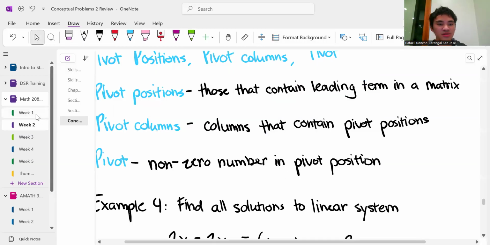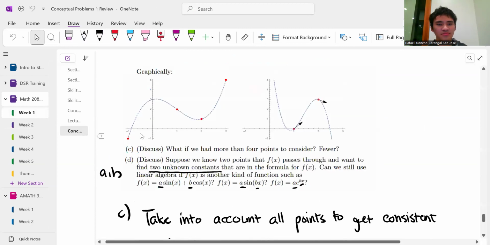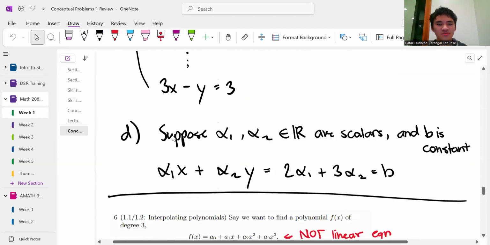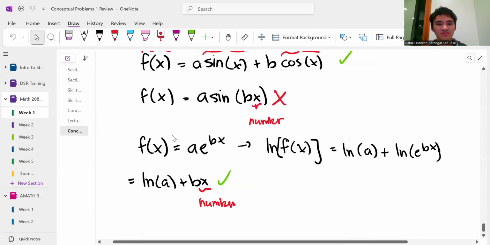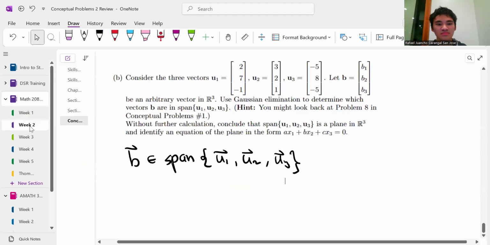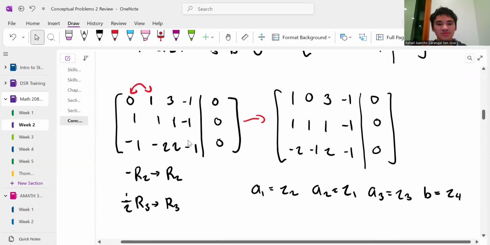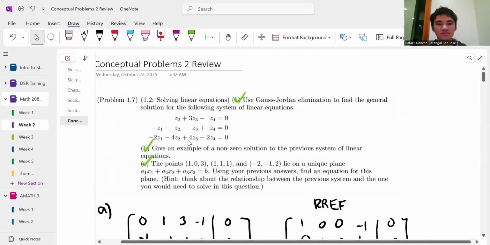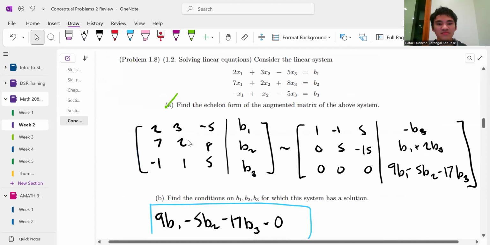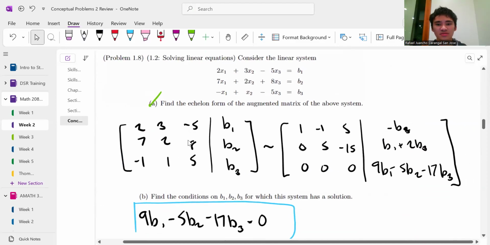So let me just do that real quick. Problem 8, where is it? Oh, it's here.